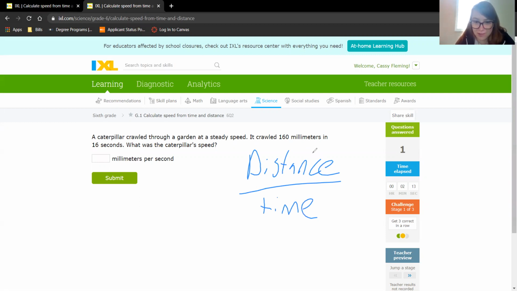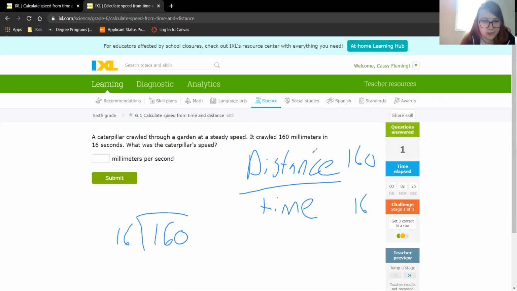So he crawled 160 millimeters in 16 seconds. So we just need to do 160 divided by 16. 16 goes into 1 0 times. 0, 16. 16 goes into 16 one time. We're left with a 0. So our answer is 10.